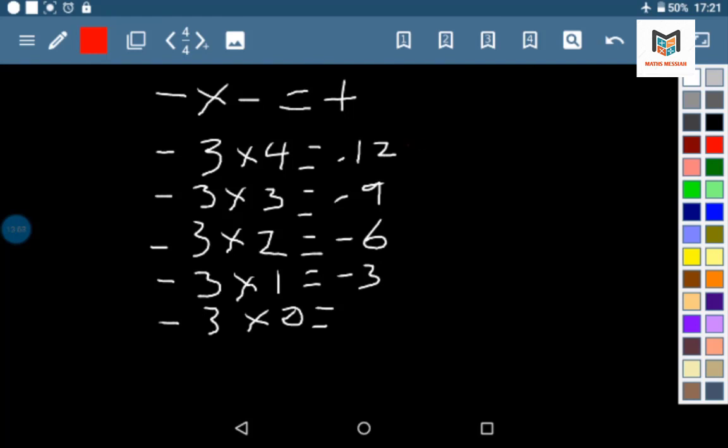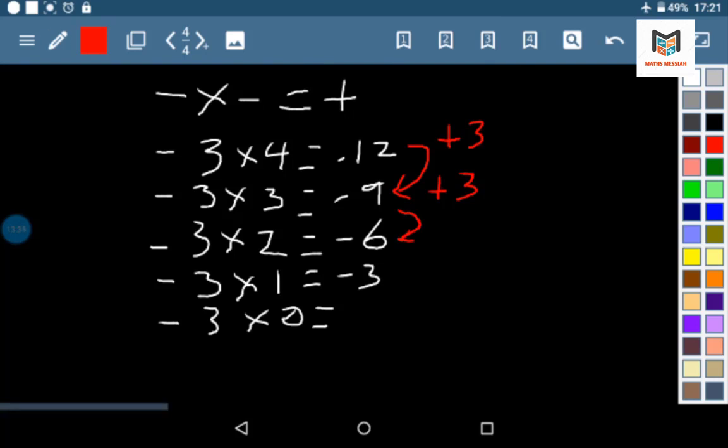From -12, we came to -9. So meaning that when you add 3 to negative 12, it will give you negative 9. Likewise, when you add 3 to negative 9, it will bring you to negative 6.